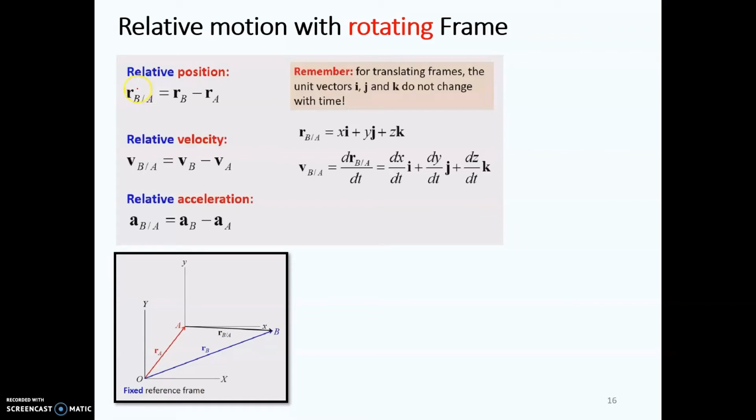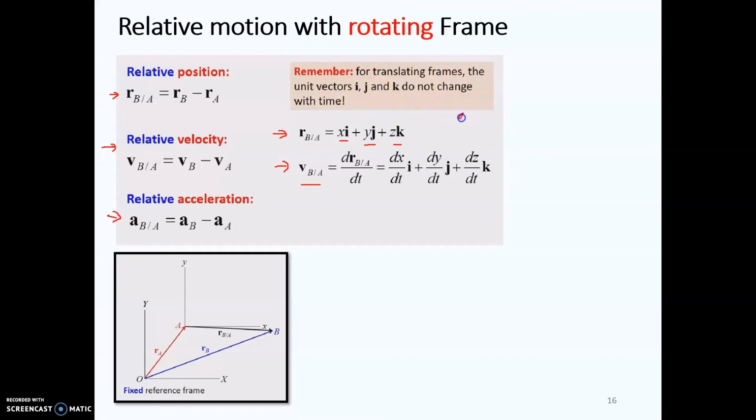Previously, by using the translating frame, we obtained the relative displacement, velocity, and relative acceleration by differentiating it directly. So you have a relative displacement v measured with respect to a given by xi, yi, and zi here. For the translating frame, the unit vectors i, j, k do not change with time.